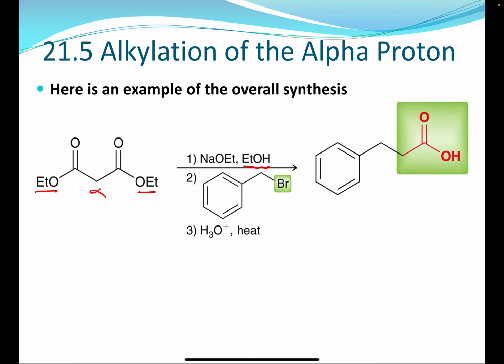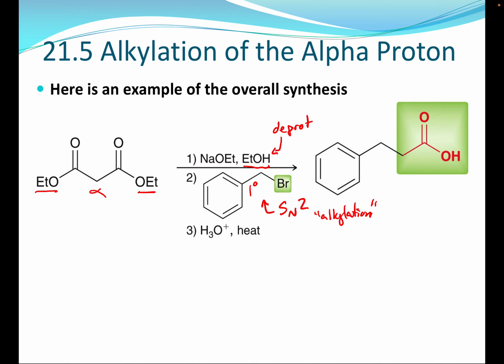Ethanol, you want your solvent to match your OR groups on the esters as well to avoid that transesterification that we talked about in our Claisen reactions. But effectively, step 1 is going to be deprotonation. Step 2, introducing the alkyl halide. That's a primary alkyl halide, right? That's going to be our SN2. So our alkylation.